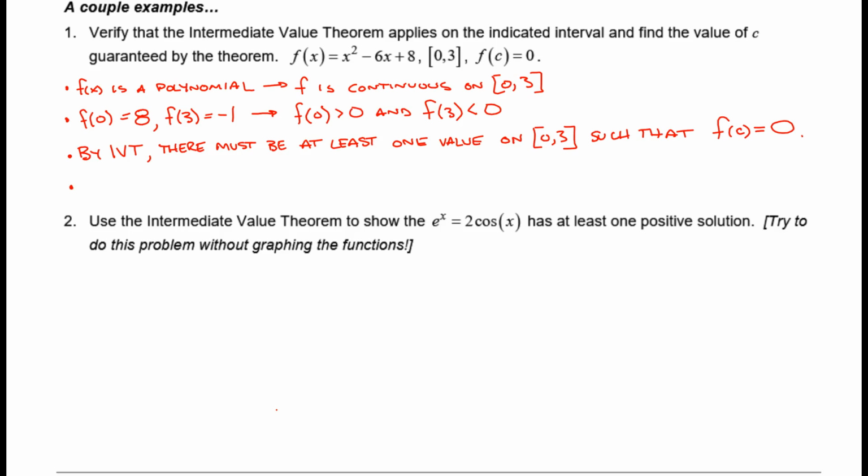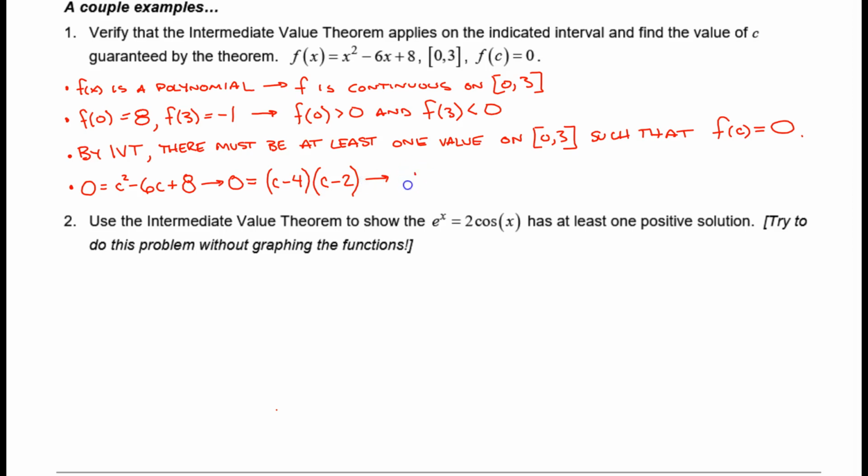So now let's find that value of c. We're going to plug c into the function, so I'm going to have c squared minus 6c plus 8. Well, that is a pretty easy polynomial to factor. That's going to be c minus 4 and c minus 2.